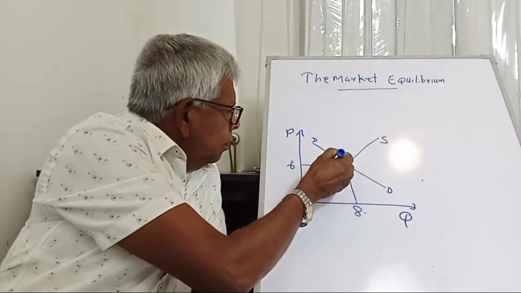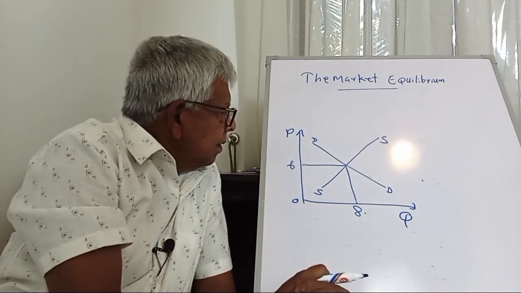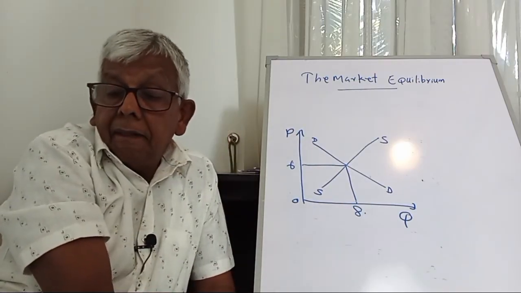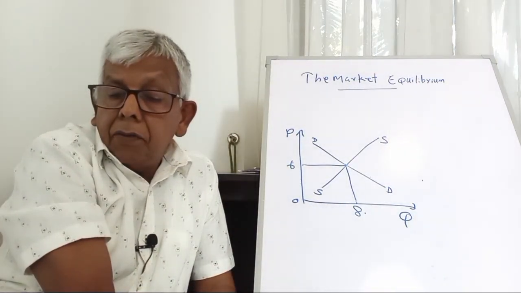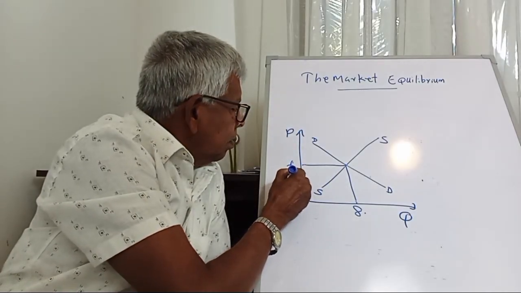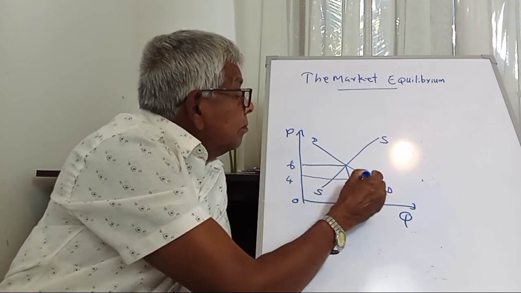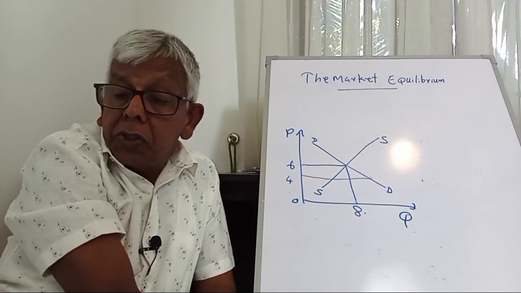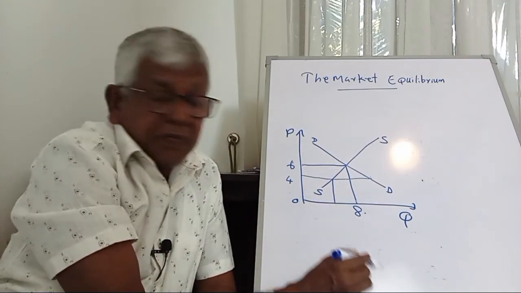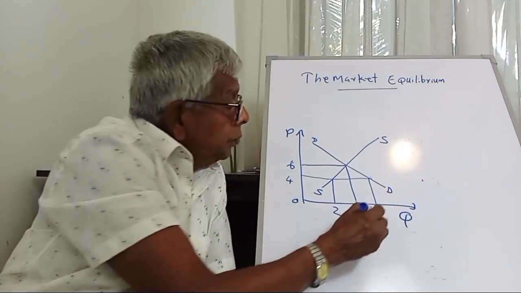We know the equilibrium price is 6 and the equilibrium quantity is 8 units. Now we take 4 rupees, where the quantity demanded is 12.